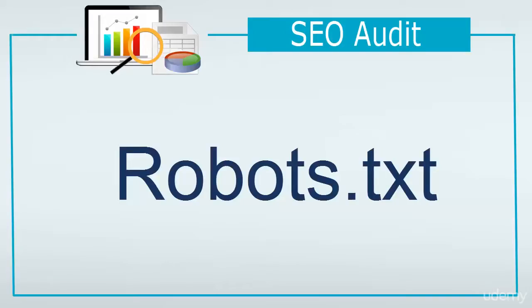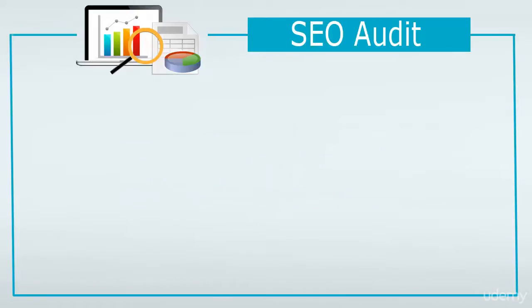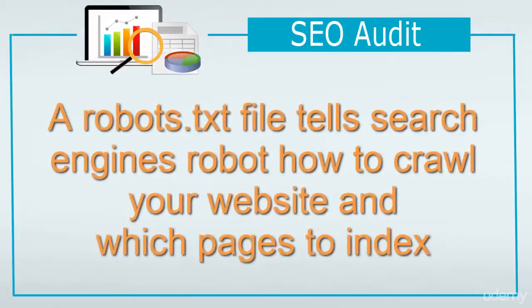Let's talk about what robots.txt is and if you even need that on your website. Robots.txt is simply a file that tells search engine robots how to crawl your website and which pages to index. So now we talked about submitting an XML sitemap so that search engines can find all of your pages.